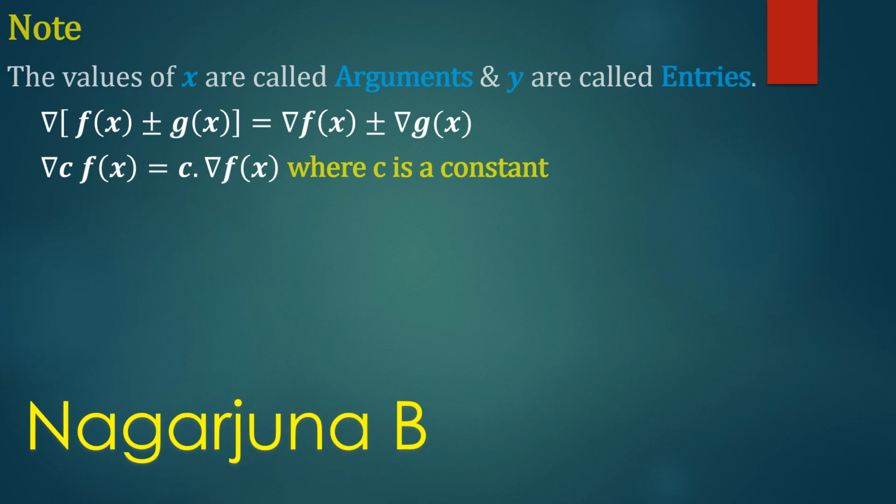The next point, del c is equal to 0. So what is c? As I told, it is a constant. You cannot apply a backward difference operator to a constant. If we apply, then it will be 0. So these are the 4 points which you need to remember with respect to backward difference operator.